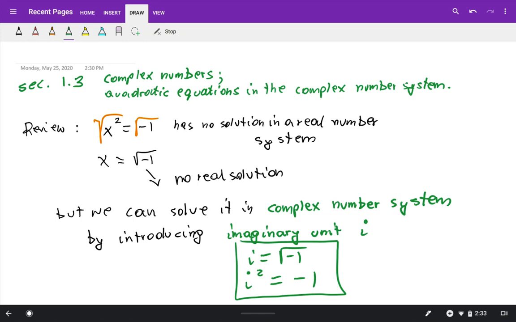So the complex number system is the system which has imaginary numbers, the ones which have i.